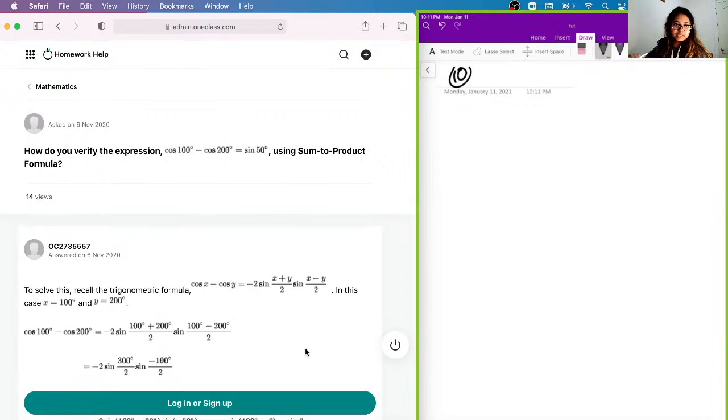Okay. So our next question says, how do you verify the expression cos of 100 minus cos of 200 using the sum to product formula?